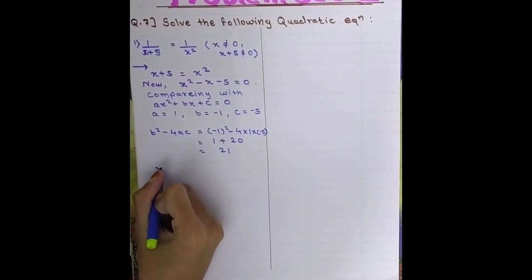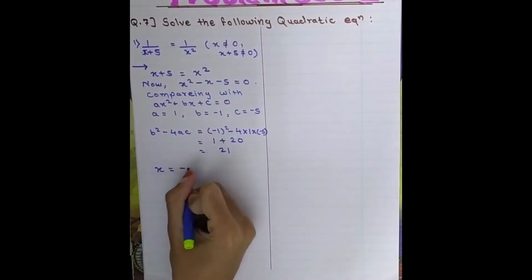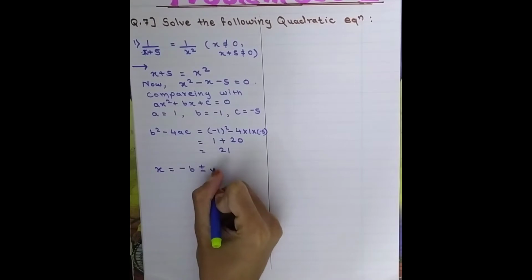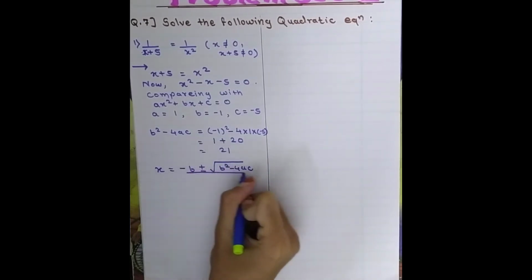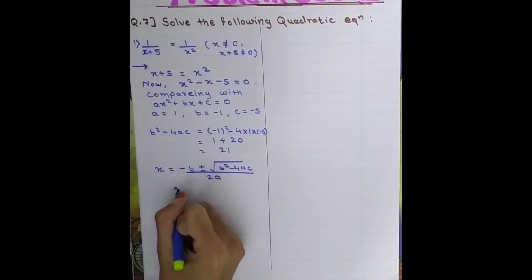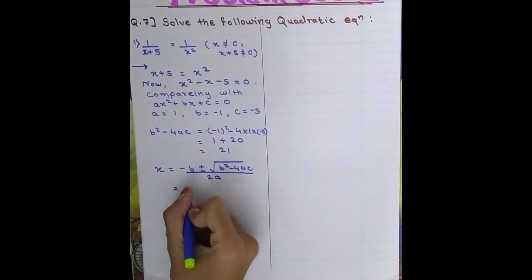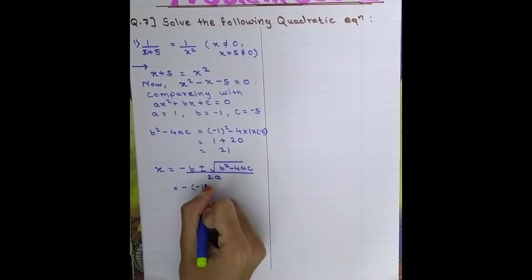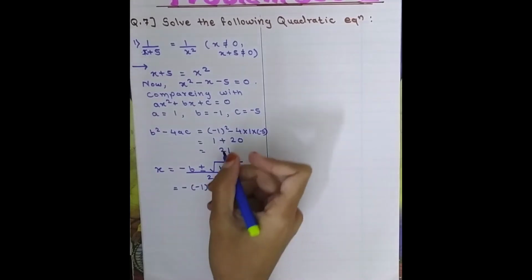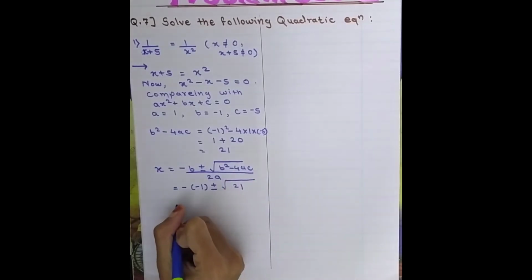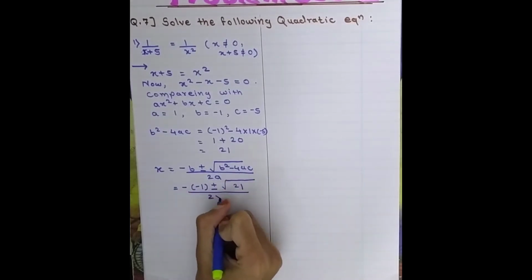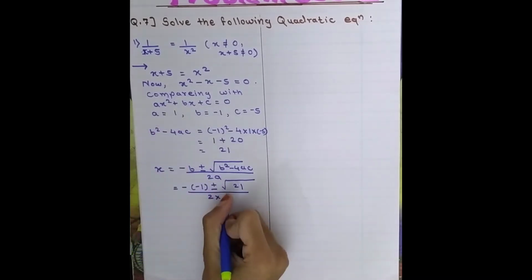Now find x is equal to minus b plus or minus root of b square minus 4ac upon 2a. Now minus b is minus minus 1, plus or minus root of b square minus 4ac, which is 21, upon 2 multiplied by a, which is 1.